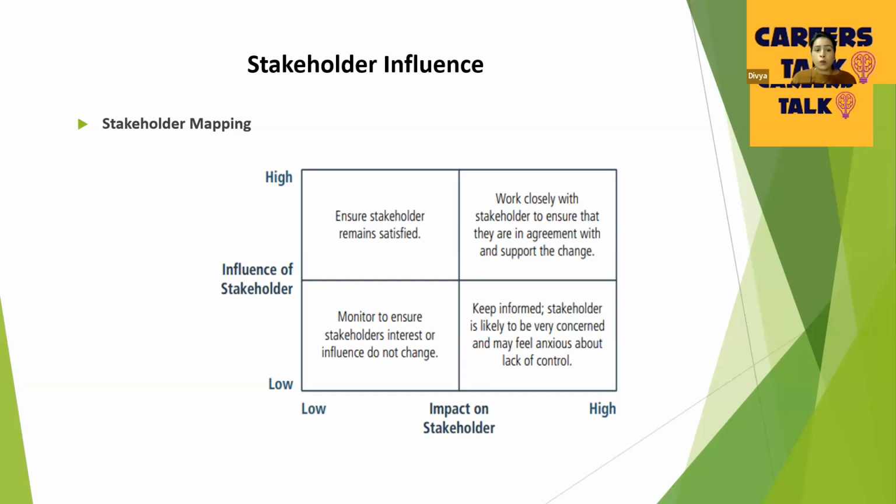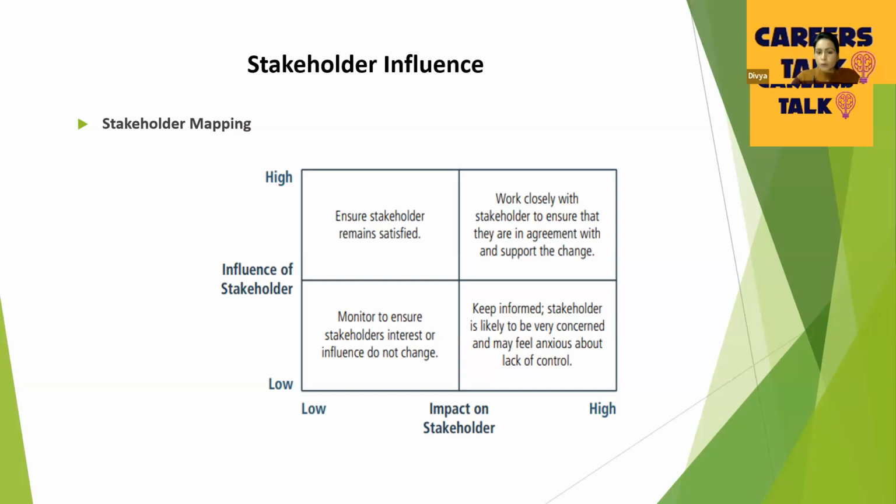Now, in the upper left corner, where there is a low impact on the stakeholder and high influence of the stakeholder, as he has high influence, you should make sure that he is satisfied with whatever process or changes are happening.